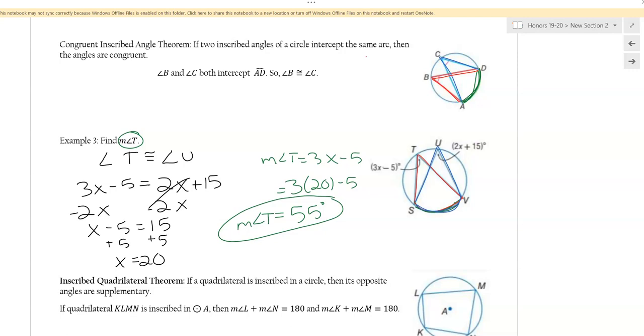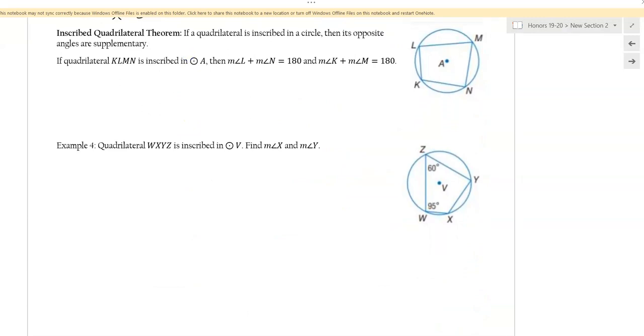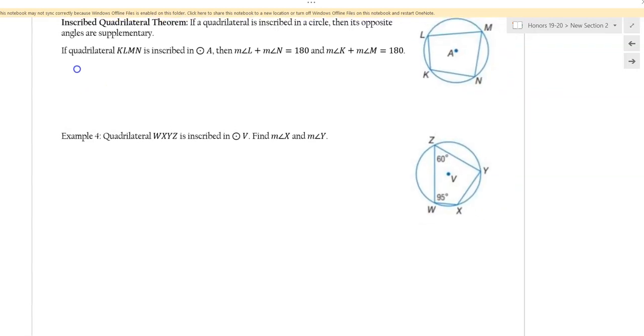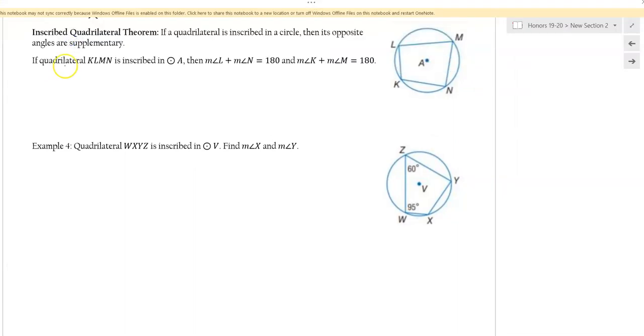Alright, last theorem that we're going to look at today. If a quadrilateral is inscribed in a circle, then its opposite angles are supplementary. Okay. So in quadrilateral KLMN is inscribed in circle A. So quadrilateral just means a four-sided shape.